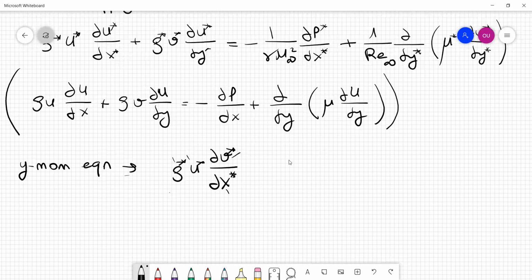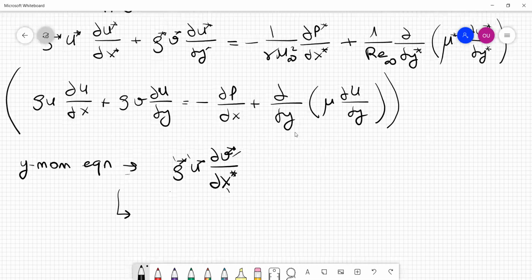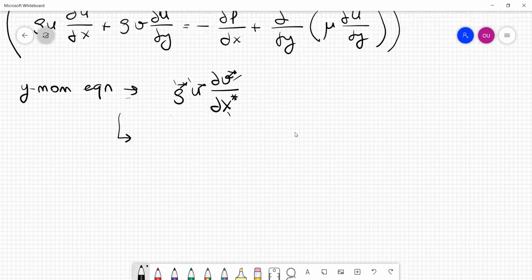The only thing that will be remaining from the Y momentum equation is one single term, dp/dy, the Y derivative of the pressure being equal to 0, approximately, after dropping small terms.